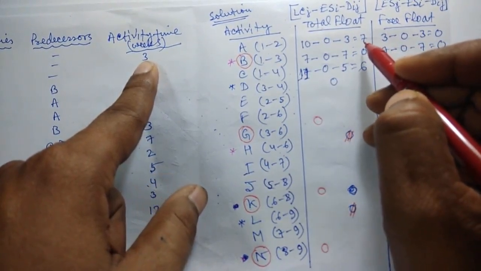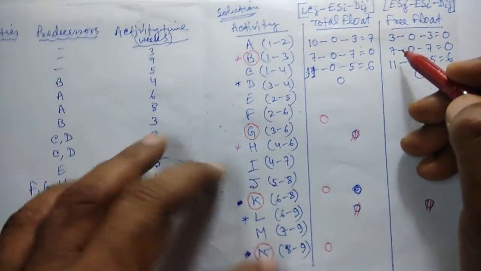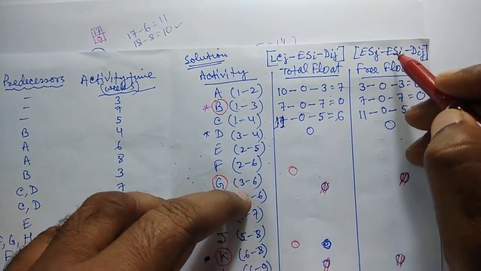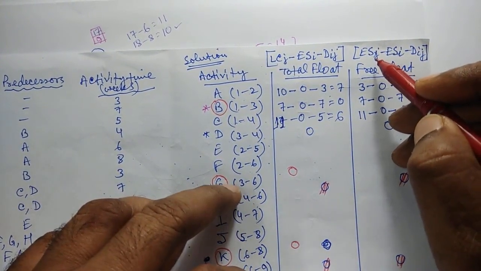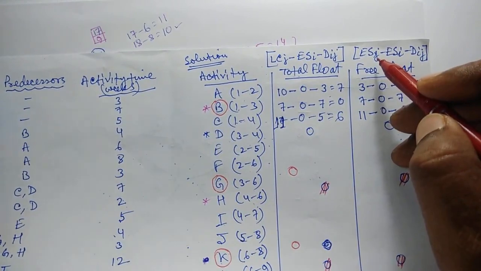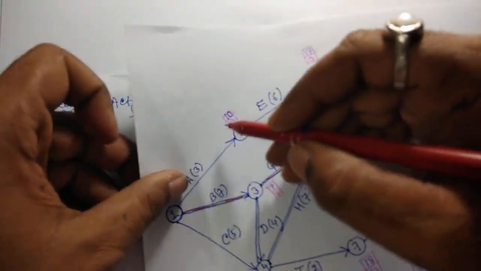This is the total float. And what will be the free float? For free float, the formula is ESJ minus ESI minus DIJ. ESJ is the earliest start time for the ending node, that is 3.